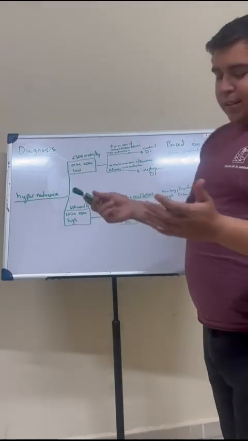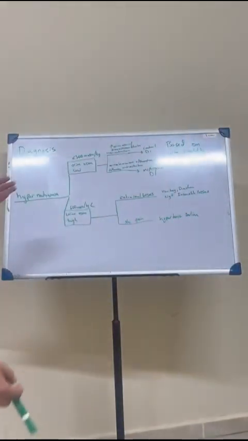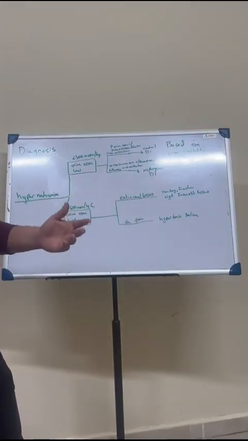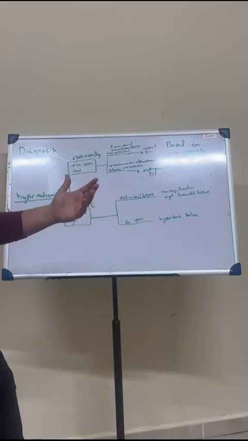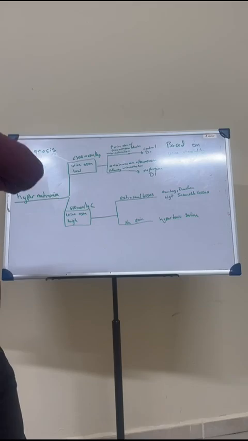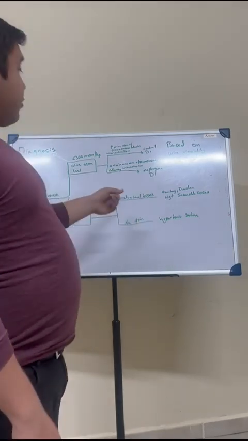I don't really understand this. So extrarenal losses of what? Sodium? Why would you have extrarenal losses of sodium and have hypernatremia? I'm not sure.